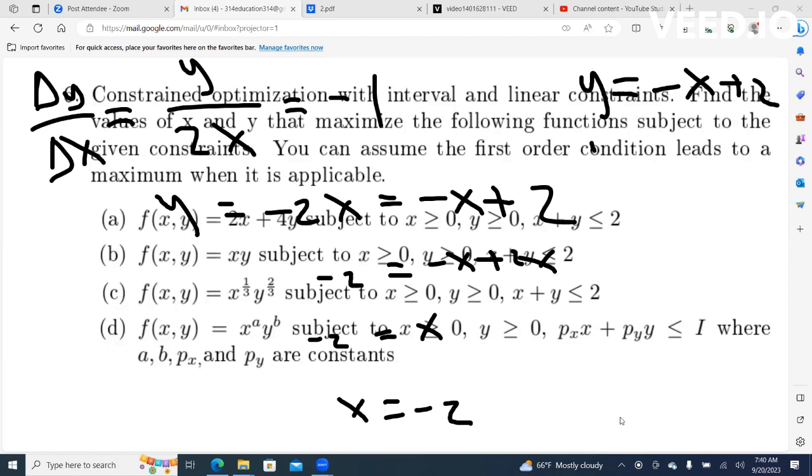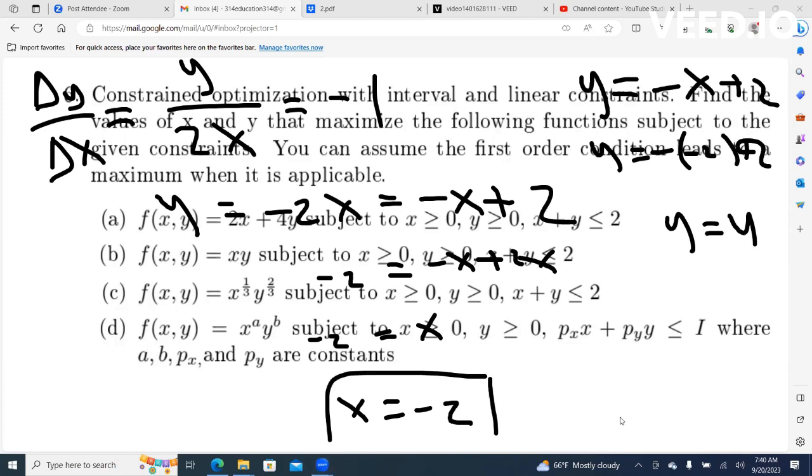X is -2. So y equals -2 plus 2. Y equals 4. Okay, good. So we have x equals that, y equals that. It's going to be maximized. So I just have to remember -2 and 4.